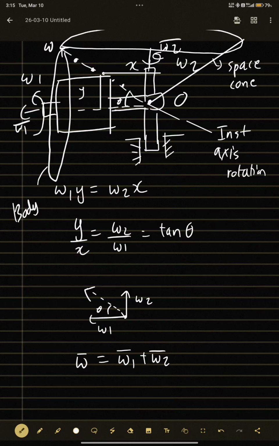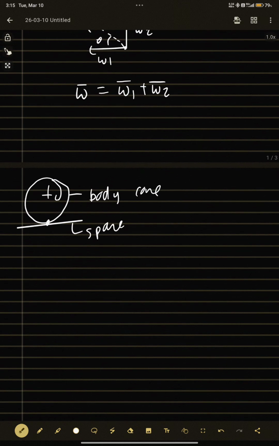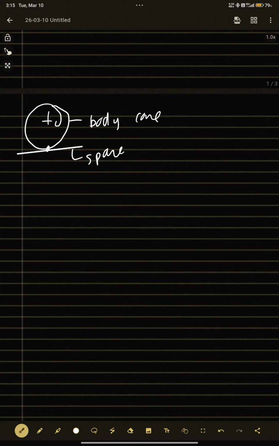Can you prove that this is at zero velocity? Forget space cone and body cone. I am saying that this is omega and this is r and this is v, the speed of the center of mass. How do you prove that point P is at zero velocity? v minus r omega.